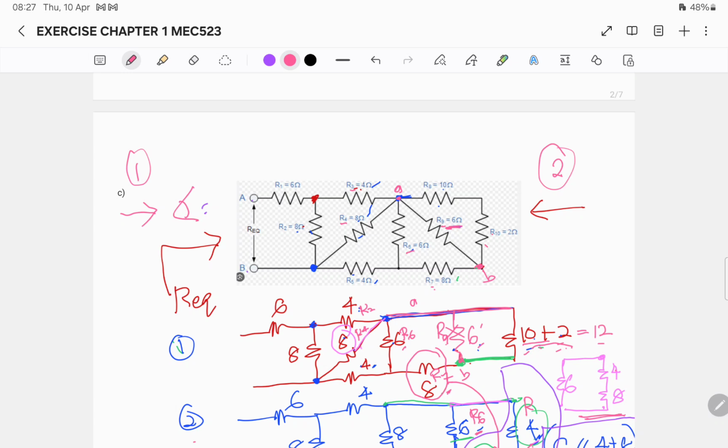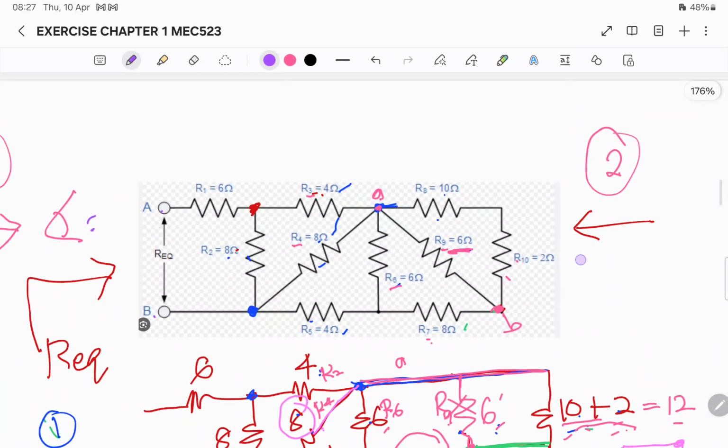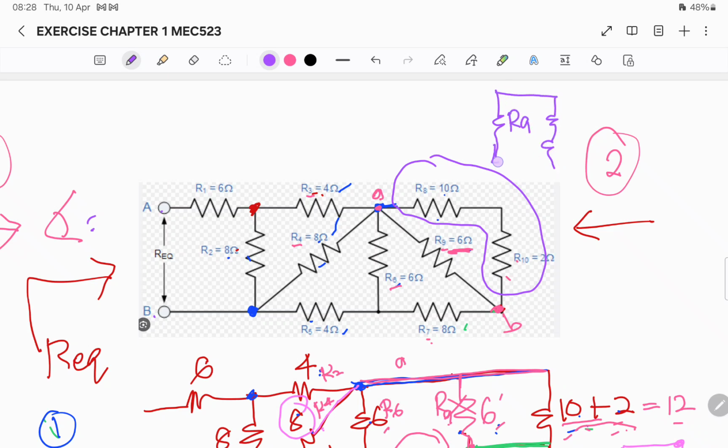How to solve? First we need to look. If we look from the back, what happened to the R8 and R10? It is in series. If you want to redraw this, for example this is R9, R8 and R10 like that.